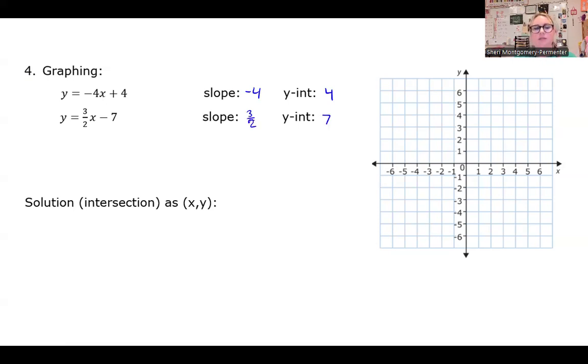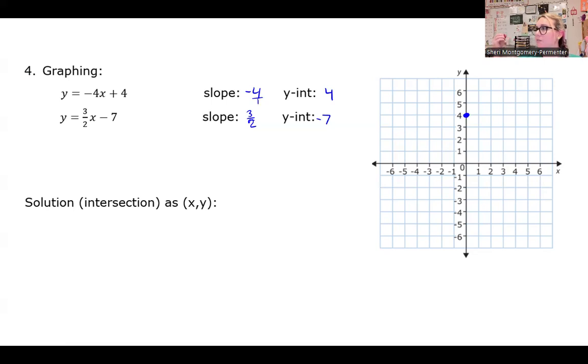All right, from here, if I go to graph it, this first one, you always have to start with your y-intercept. So I go put a point at 4. My slope is -4. I could also write that as a fraction because it's the same thing if I put it over 1.